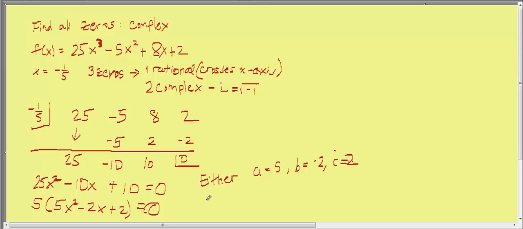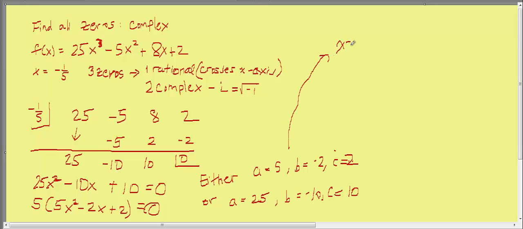Or you could have done just the original: A is 25, B is -10, and C is 10. Either way works. We'll get the same answer. This one here, we'll just have more to do at the end to reduce it. So what I'm going to do is use the simpler ones.